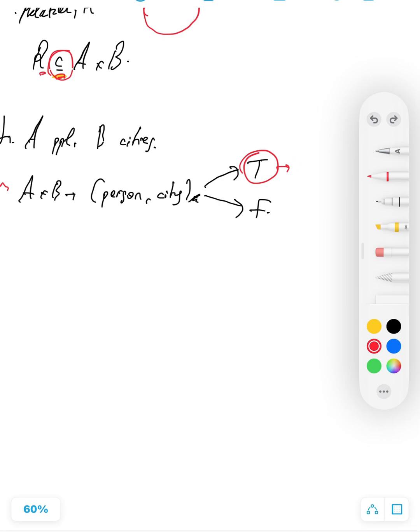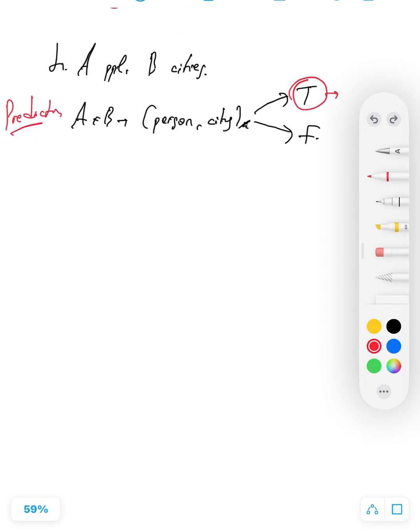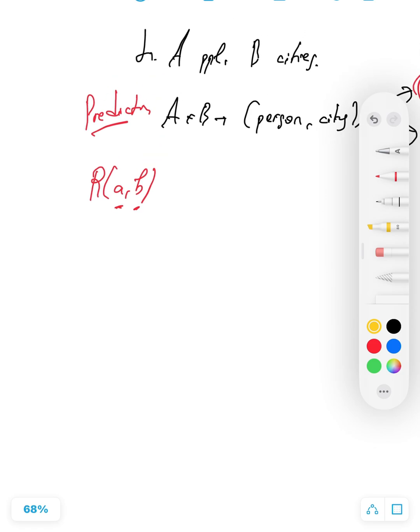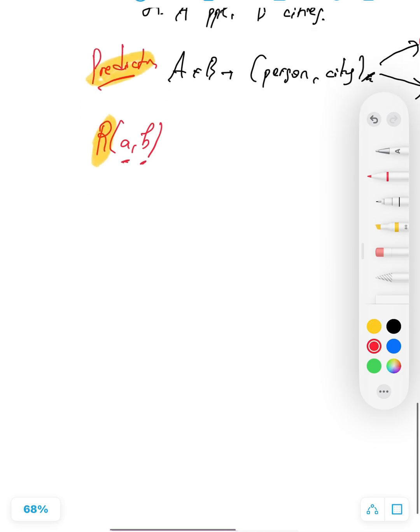So again, a relation adds a new predicate. We're no longer only asking whether A belongs to A or B belongs to B. We would ask, does A stand in a particular relationship to B? Are these two elements connecting in a way that the new predicate tells me? Okay, so this is why relations require Cartesian products first, right?